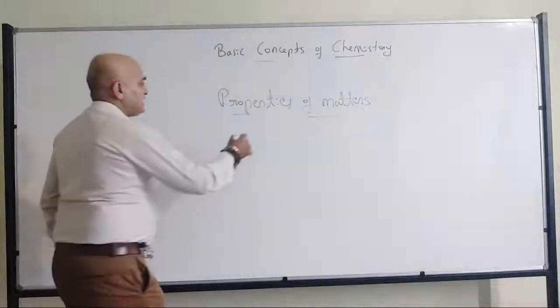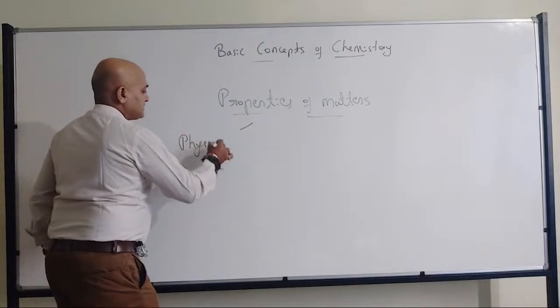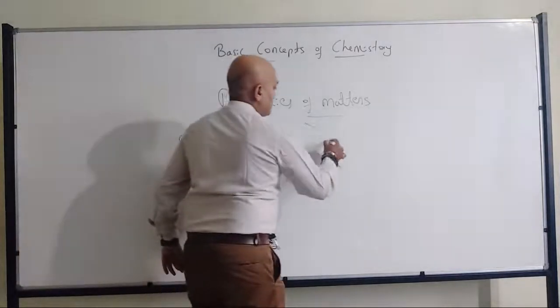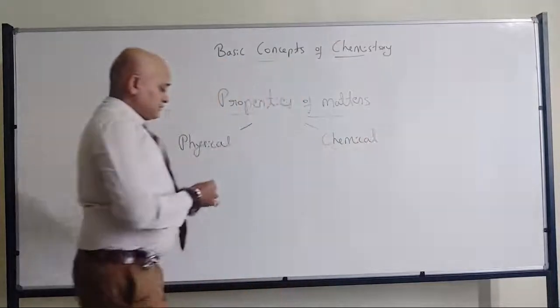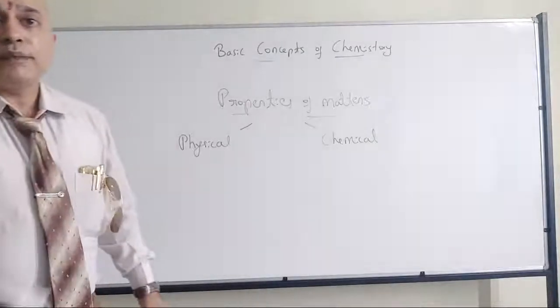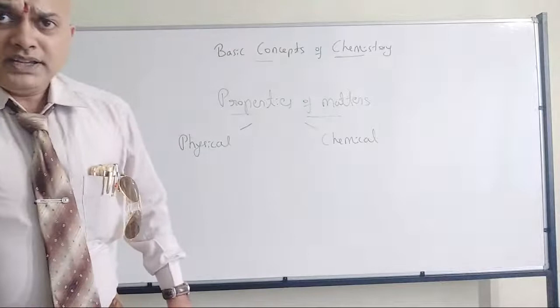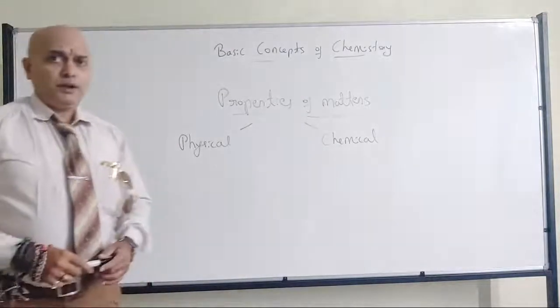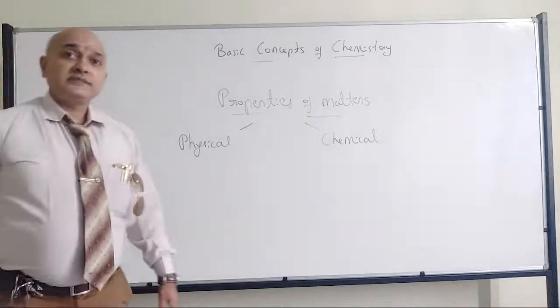I can say physical properties and another one is chemical properties. So when it comes to the properties of matter, we have two categories: physical properties and chemical properties.